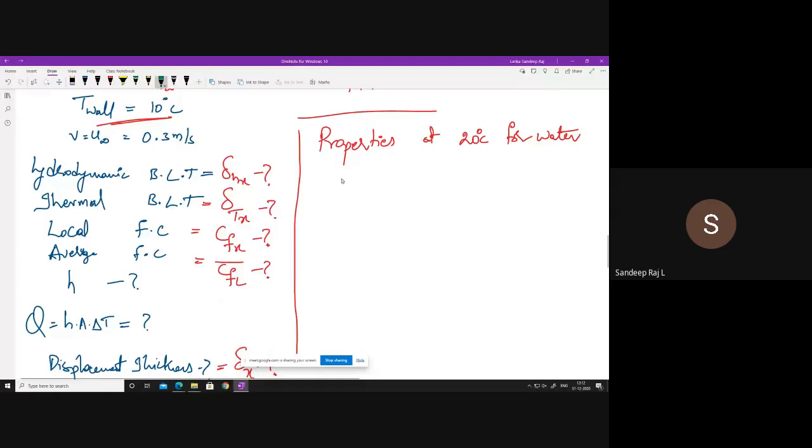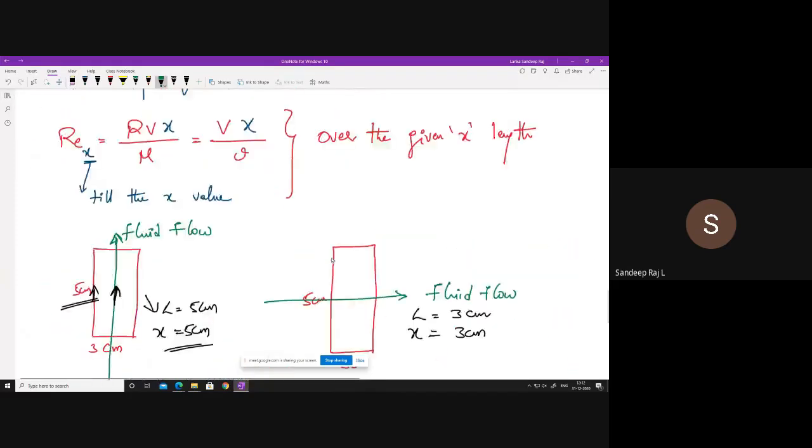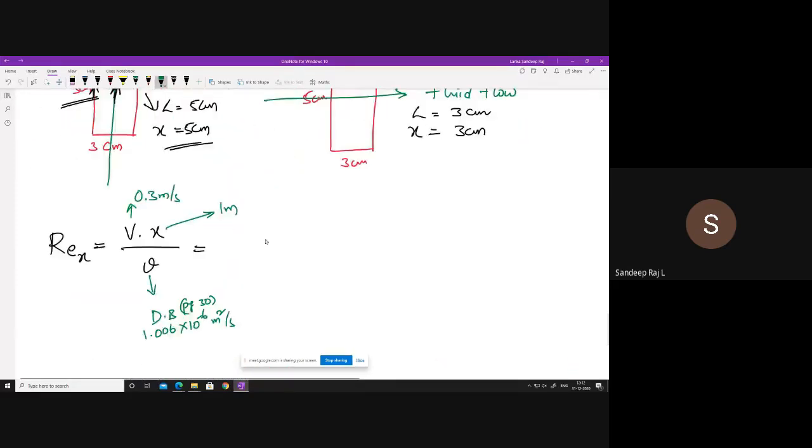So the nu value is 1.006 into 10 to the power of minus 6 meters square per second. Substitute all of them and get it: 0.3 into 1 by 1.006 into 10 to the power of minus 6. Tell me this value. What is the value of the Reynolds number?